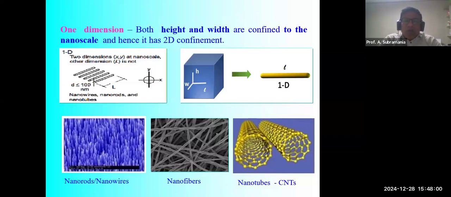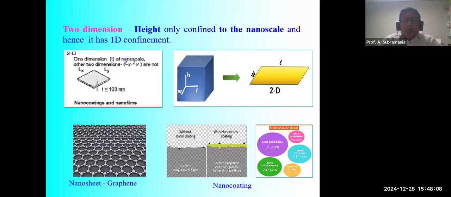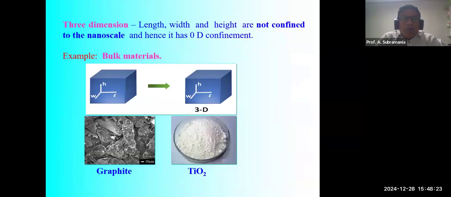Examples: nanofibers, nanotubes, carbon nanotubes, nanorods, etc. Then two-dimensional materials. In that, only height is confined to the nanoscale, and hence it has one-dimensional confinement. Examples: graphene, nano coating, etc. Three-dimensional means length, width, and height are not confined to the nanoscale, and hence it has zero-dimensional confinement. Example, bulk materials, like graphite in the bulk form.